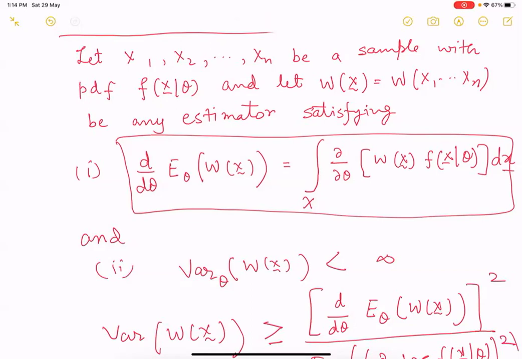In that case, this condition won't hold. That is not even differentiable. Yes, sir, that's what I'm saying. Okay, so that's a very trivial example that you give. I am saying even simpler, I am not even going into that complicated level. I am saying very simply that this expectation is nothing but an integration over chi.